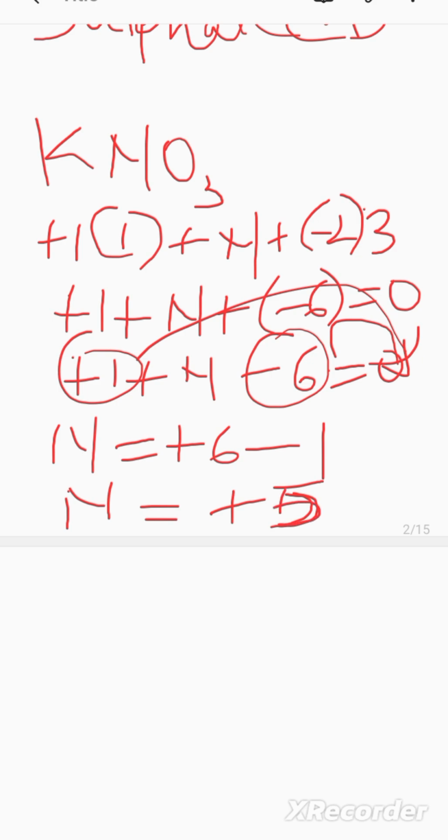So let's now name. Don't forget we have KNO3. Remember what I said? You name the first element first, which is the metal, which is potassium. Potassium. After the potassium, we have the oxygen.